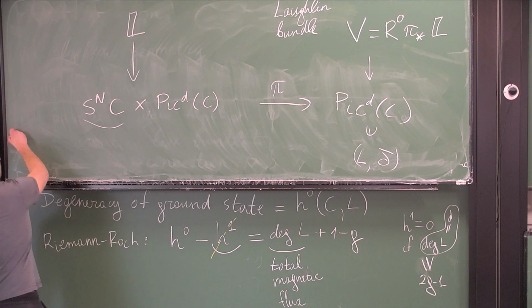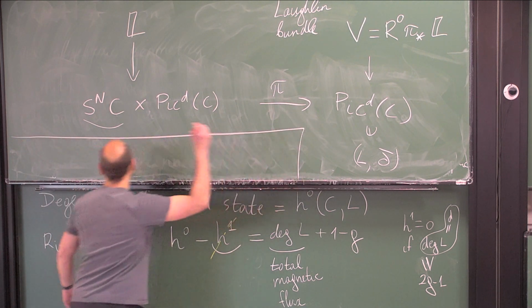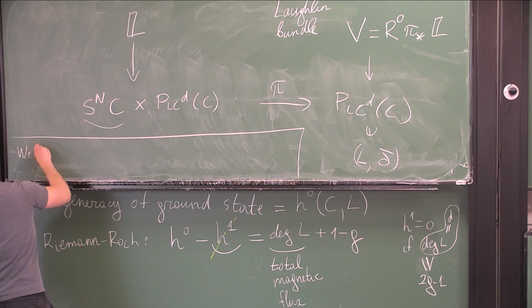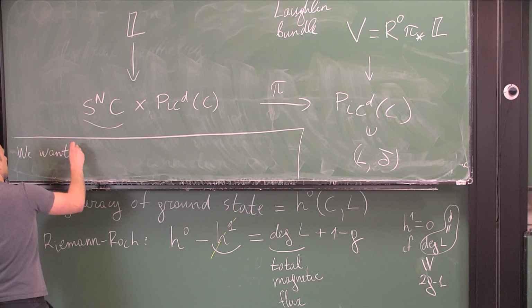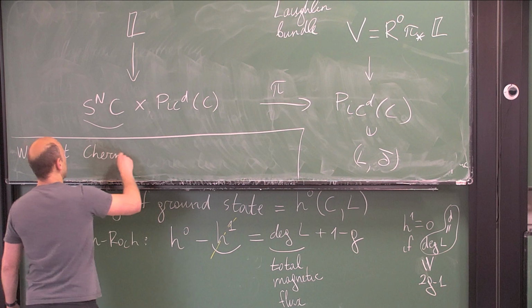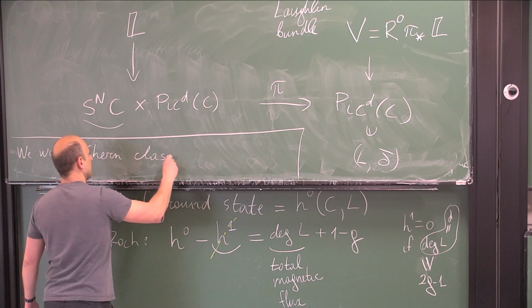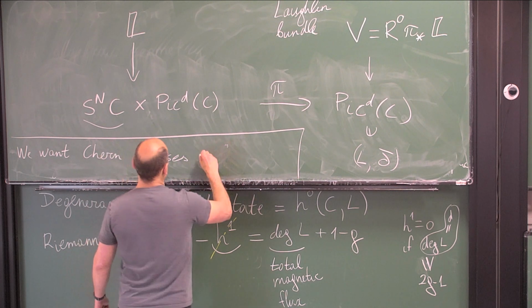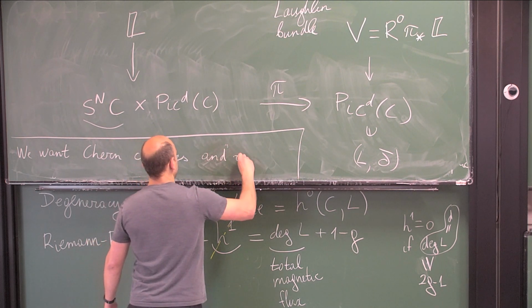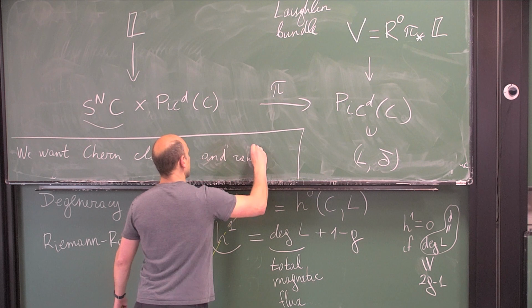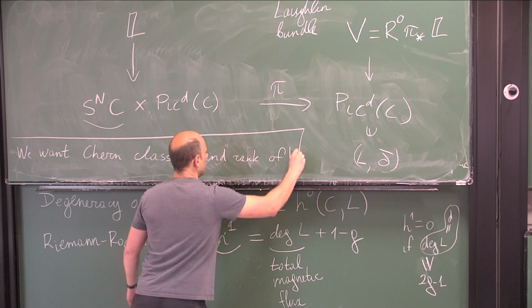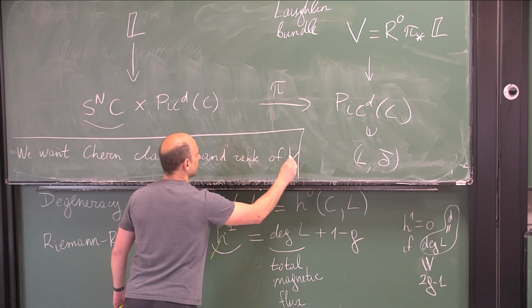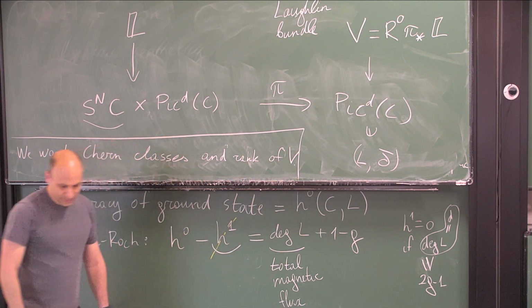And so now we are interested in Chern classes of V. Maybe also the rank. Rank, I understand, but why do you actually want Chern classes?